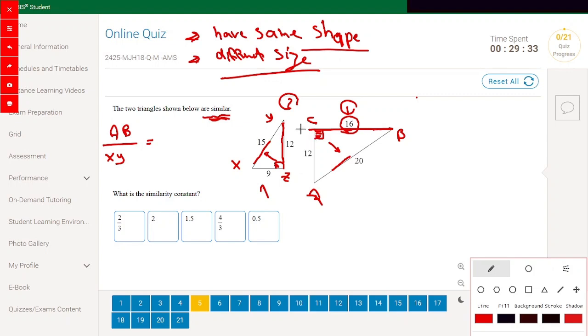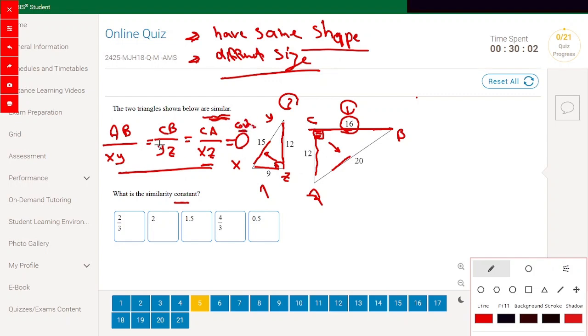Here we have CB similar to YZ. So CA will also be similar to XZ. So CA over XZ, and they are equal, and the result will be a constant. These are similar constants.